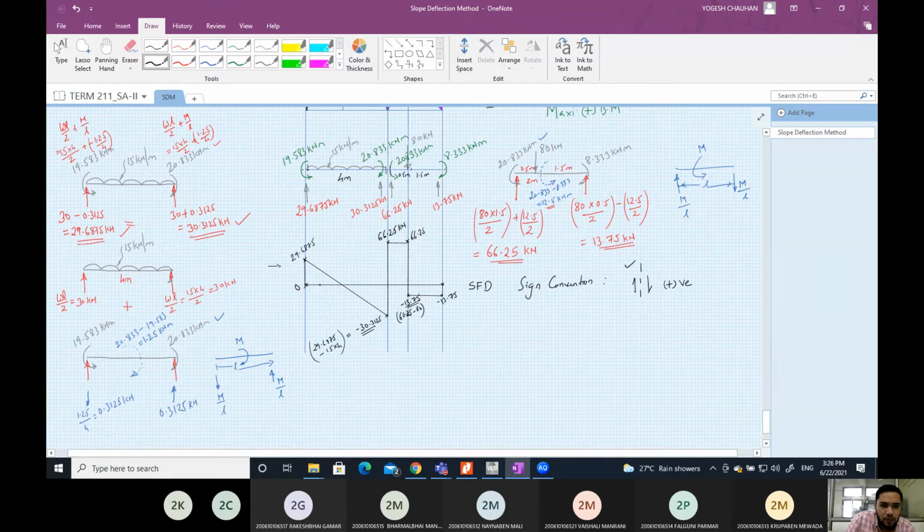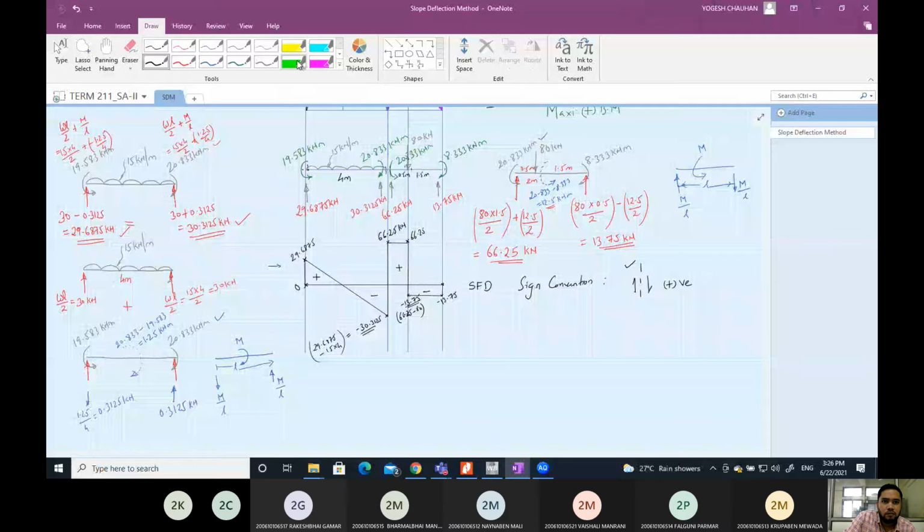So anything above this is positive, anything below is negative, positive, negative. So this is your shear force diagram. This is positive.